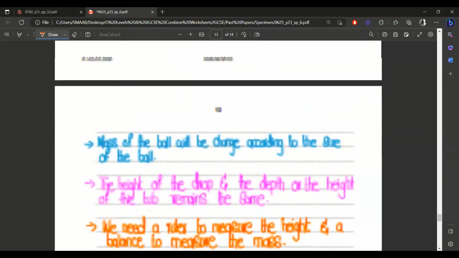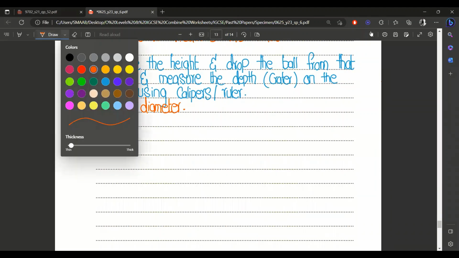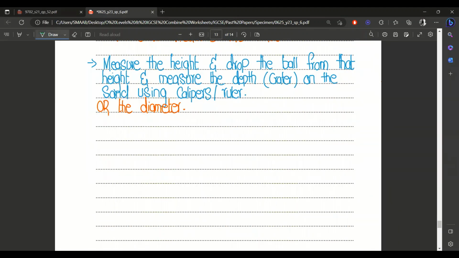We know that we have to repeat this experiment because we have to note more than one reading, because one reading is not enough and does not fulfill our requirement.